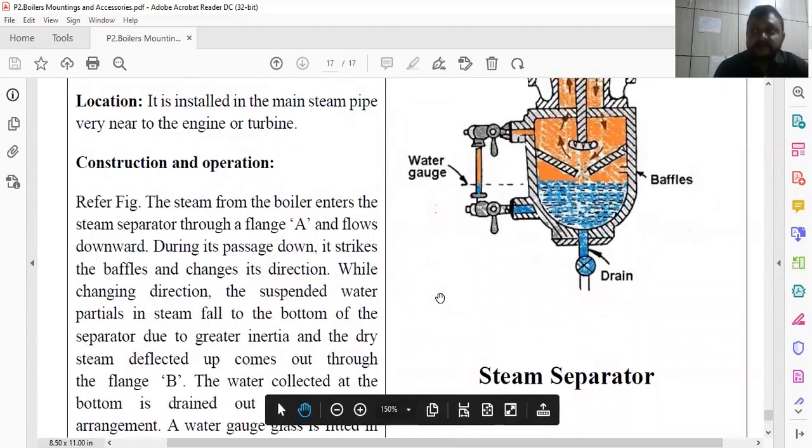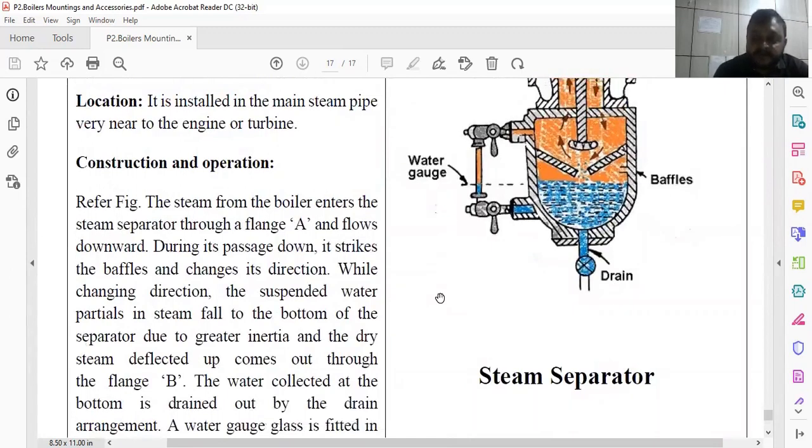Now the fundamental difference between boiler mountings and accessories: boiler mountings are compulsory, whereas boiler accessories are not compulsory, being additional attachments to the boiler. Boiler mountings are for the purpose of safety and effective working of the boiler, whereas boiler accessories are fitted with a view to improving the efficiency of the boiler.